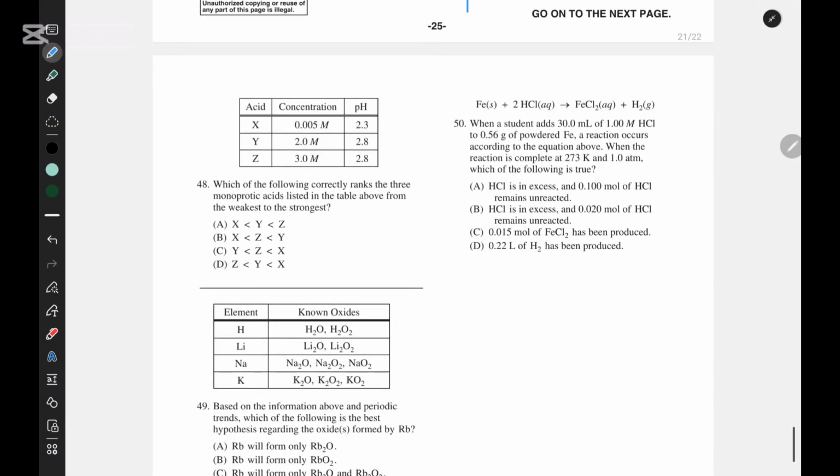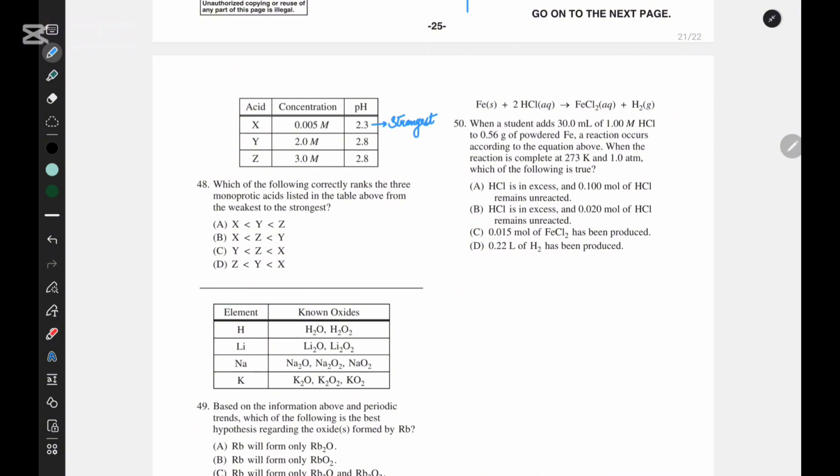So the next question, question number 48, is saying which of the following correctly ranks the 3 monoprotic acids? So guys, if you see the pH there, the pH is the highest, then that means it is going to be the strongest acid. But if you see the next option, the pH is the same, but the concentrations are different.